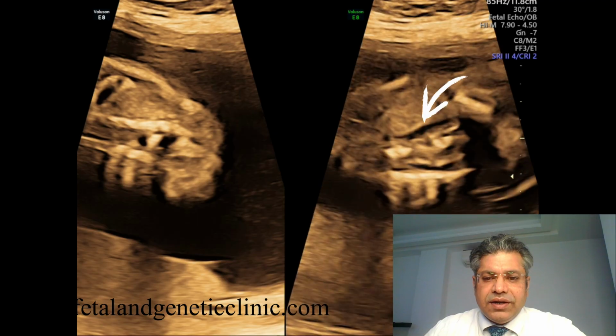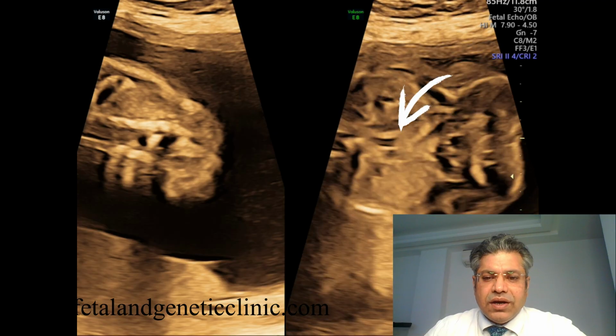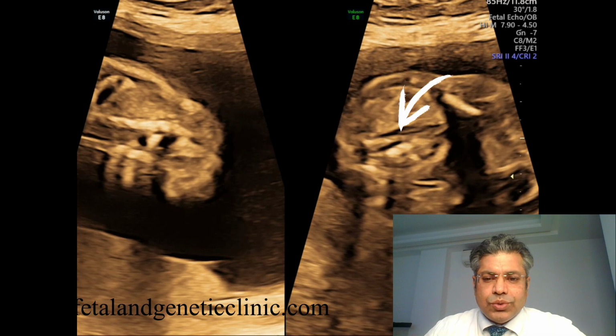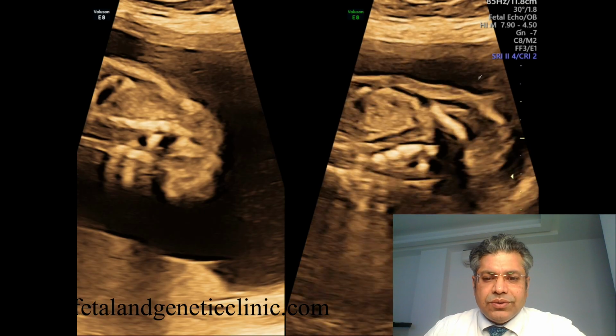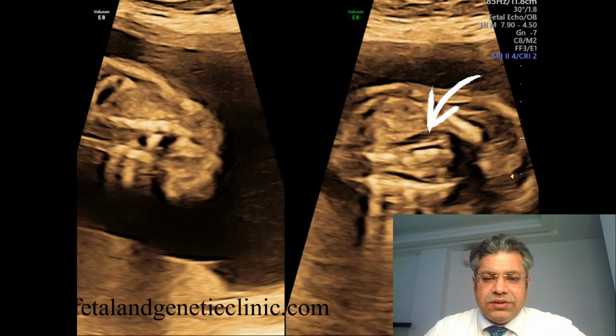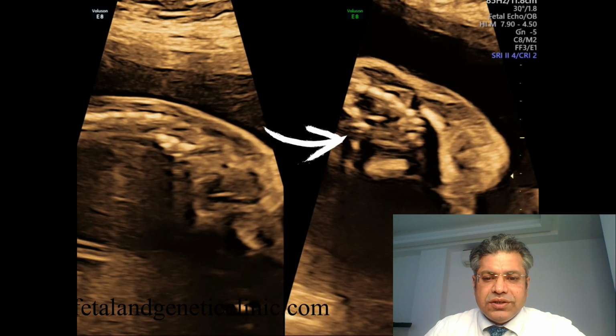Then again we are delineating, and the baby is very comfortable and conducive, showing us the defect. These are the numerous segmentation defects.